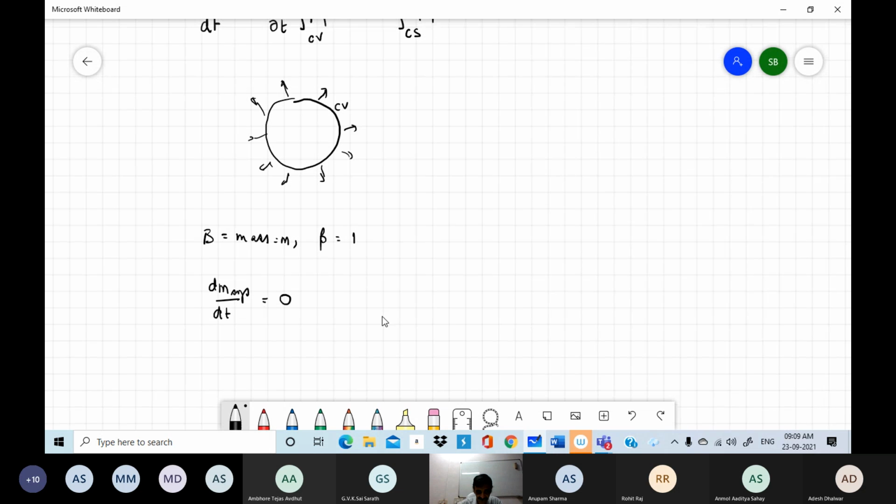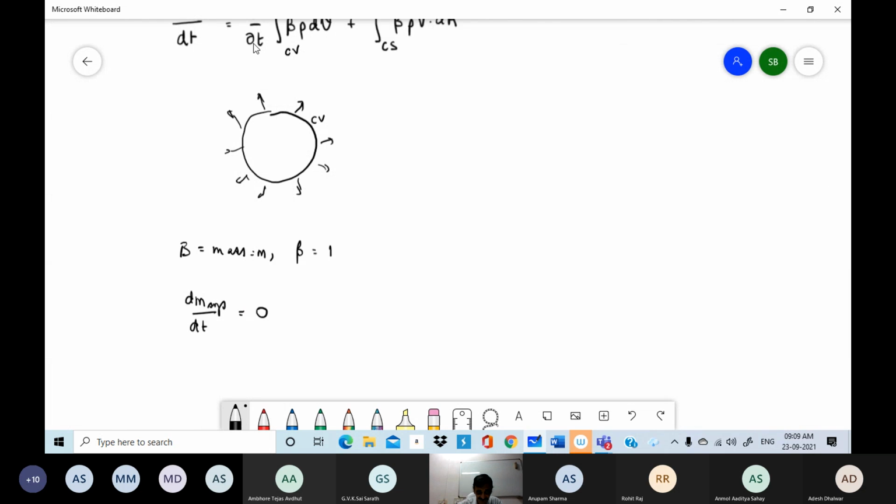Now using the Reynolds transport theorem, I can write the dm system rate of change in the control volume, which is beta rho dV.